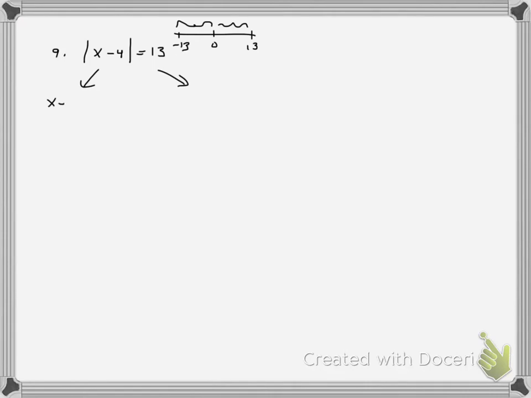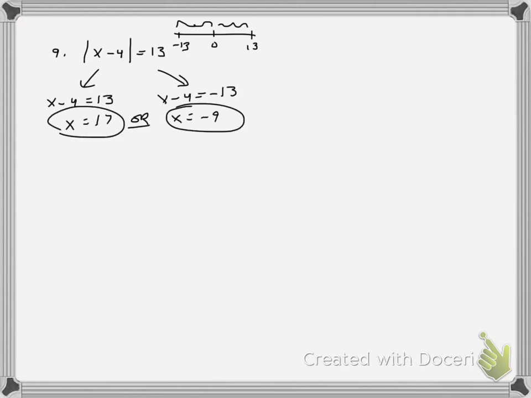The first one would be x minus 4 equals 13, and the second would be x minus 4 equals negative 13. Solving the first one by adding 4, I get 17, or add 4 to both sides, negative 17. I'm sorry. Let's do that second one without so much carelessness. There we go. Add, it would be negative 9. I don't think that's right.